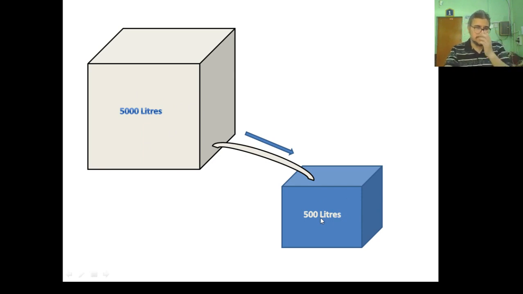Now let us further assume that the bigger tank is full, that is it is filled with 5000 liters of water. At 10 a.m. this bigger tank is filled fully to its capacity, that is it is holding or storing 5000 liters of water.